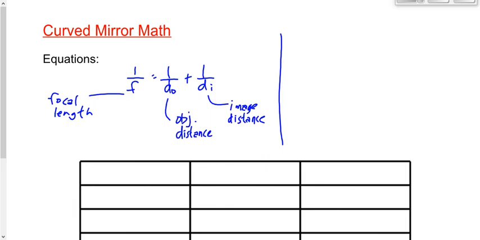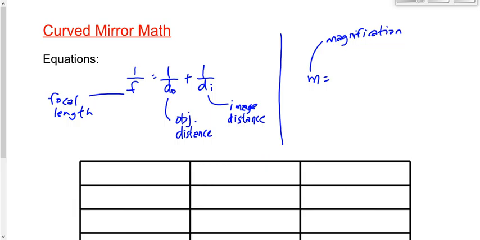Now, the other equation that describes this is our magnification equation, M, which stands for the magnification. The magnification of the image is how big the image is relative to the size of the object.